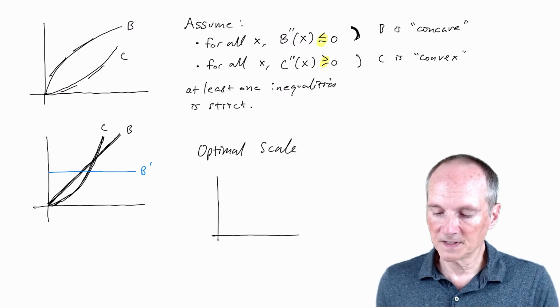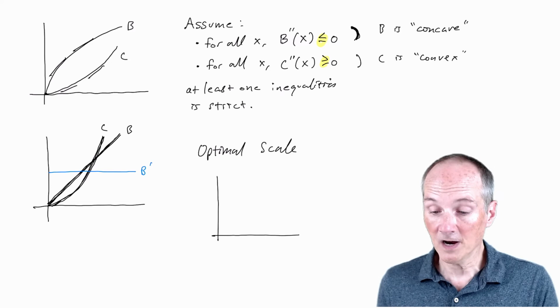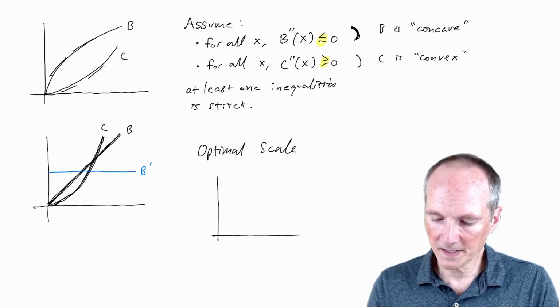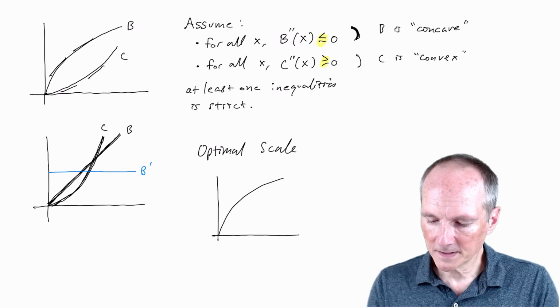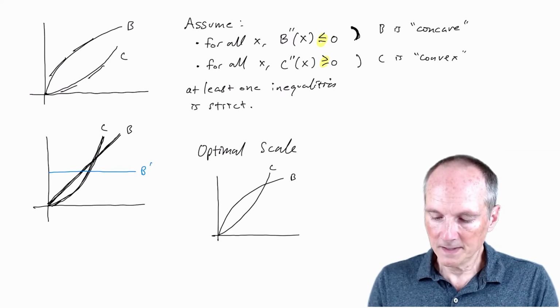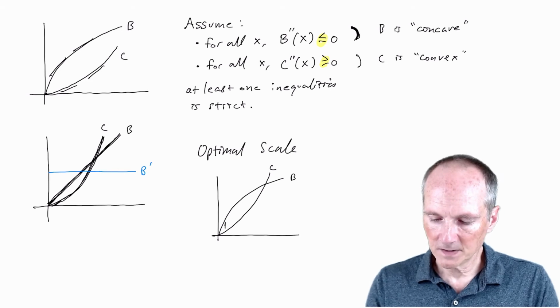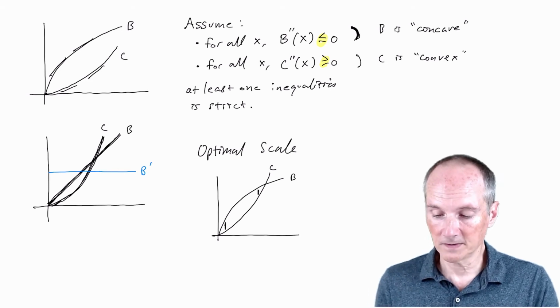Just to be a little more systematic about the geometry of the optimal scale. If you have a benefit function like this and a cost function like this, the net benefit is the difference between these two functions, okay?